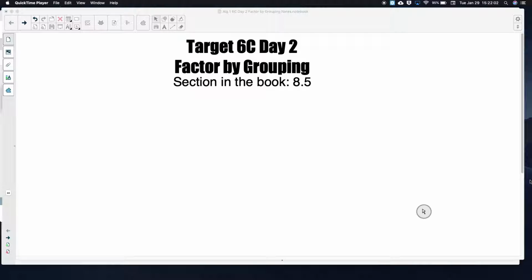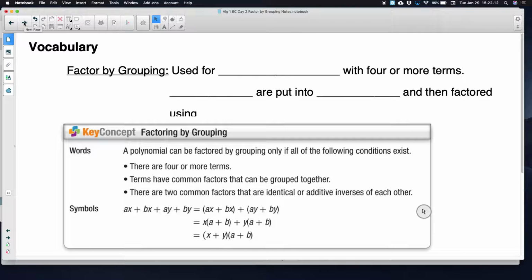Today we're going to tackle a concept called factor by grouping, and it's going to utilize those skills we learned in the last video, which involved the GCF. So, factor by grouping, we're going to use this when we have polynomials with 4 or more terms.